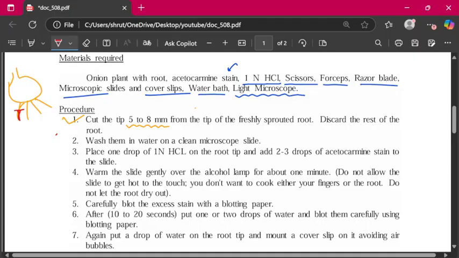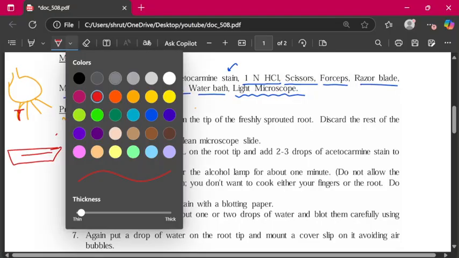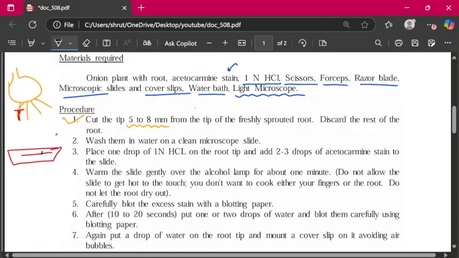Then you have to discard the remaining root, and later you have to wash it in water on a clean microscope slide. So when you take a microscopic slide and put this root here, this is the tip part, so you have to take this tip part.